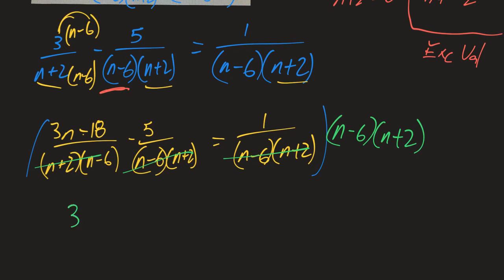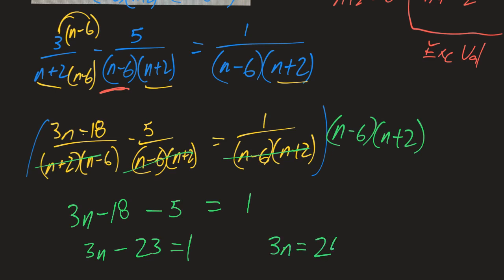We've got 3n minus 18 minus 5 equals 1. And we can start combining this. 3n minus 23 equals 1. 3n equals 24, and n is going to equal 8 as my final solution here.